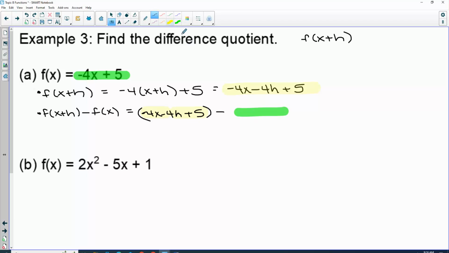So we carry that down. So if we distribute the negative, positive and negative 4x cancel, positive and negative 5 cancel. So we get negative 4h.